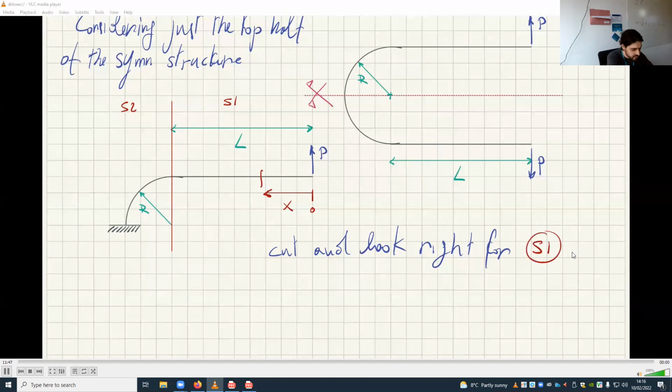I am cutting and looking right, so I have to draw just this chunk, whatever is left from the cut.